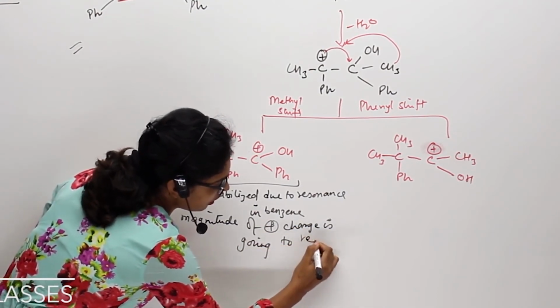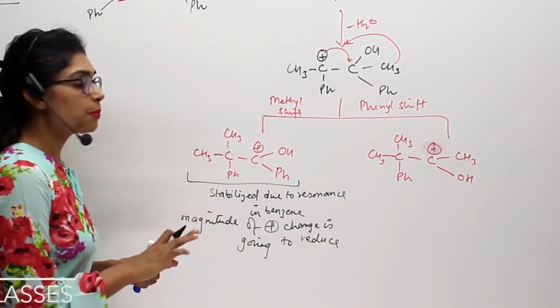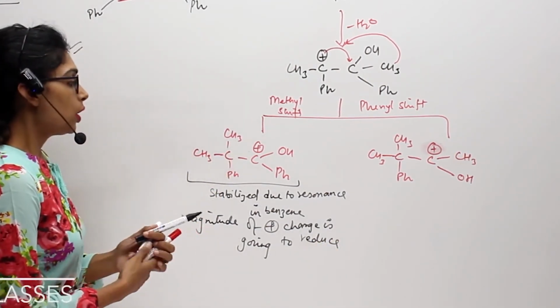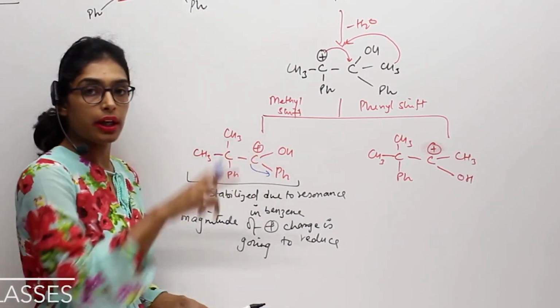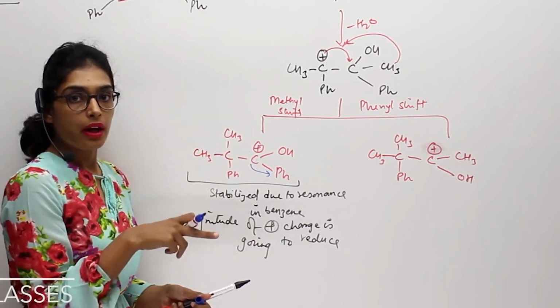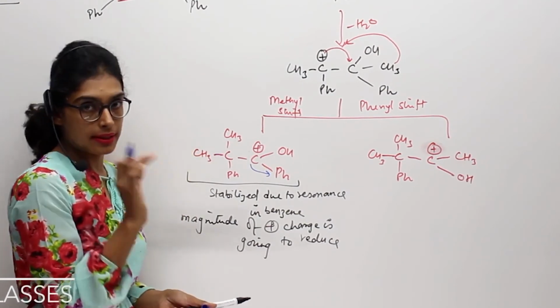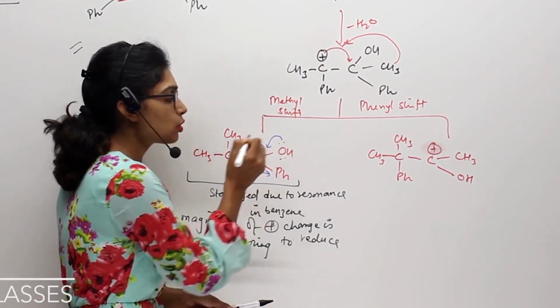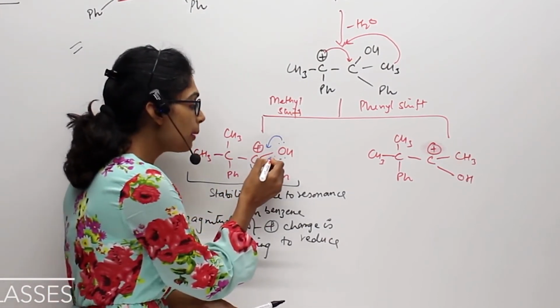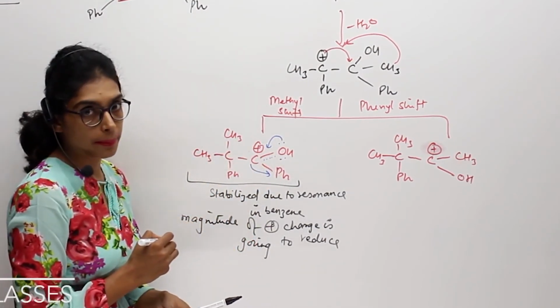Why is it going to reduce? Because this plus charge will not be localized to this carbon. Instead, it'll move to the benzene ring. It'll do resonance over there. So the overall plus charge is very less, and hence this will not be able to attract the pair of electrons of oxygen toward itself and will not be able to make the double bond effectively.